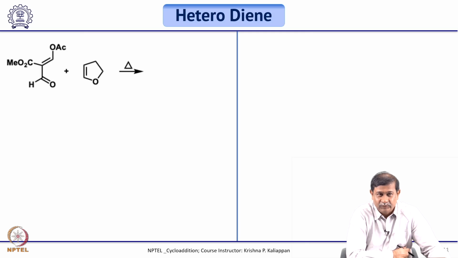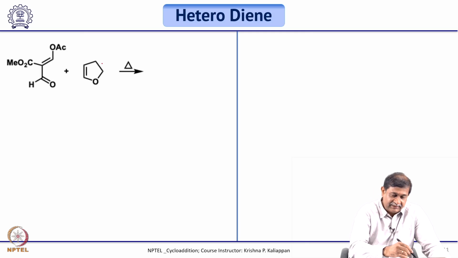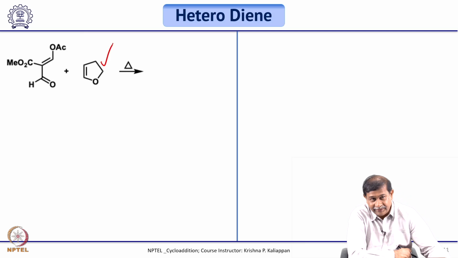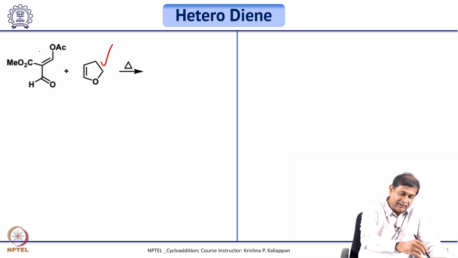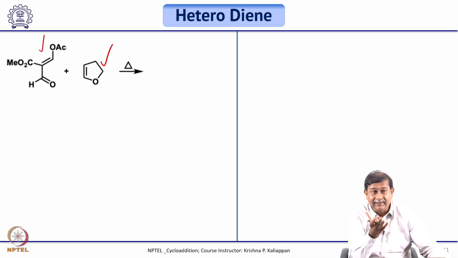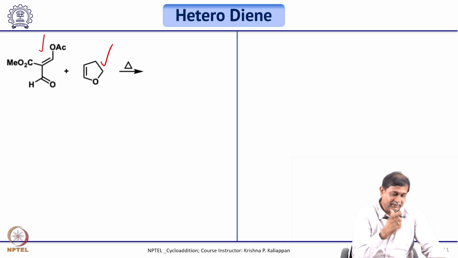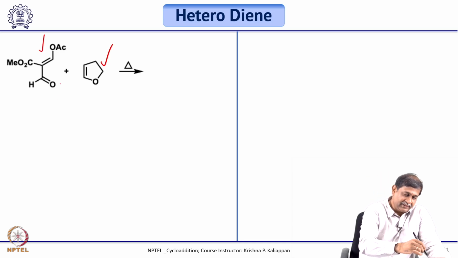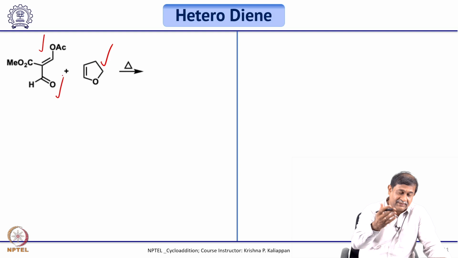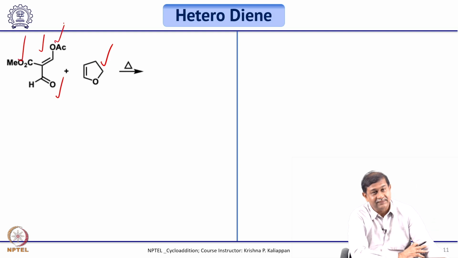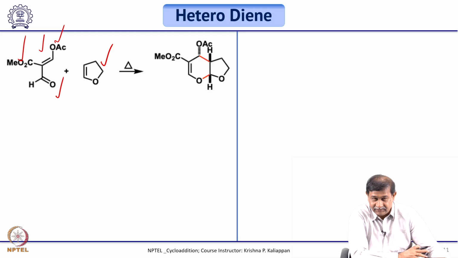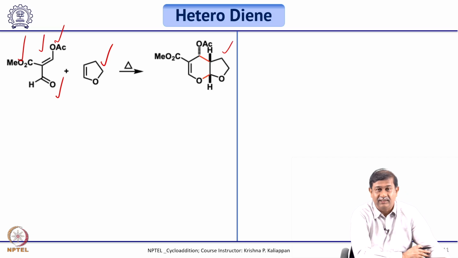Then one can extend this with cyclic dienophile, and you also can have diene with 3 substituents, as you can see here. One is part of it, that is oxygen, then you have ester, but it is enol acetate. So this can undergo successfully 4+2 cycloaddition reaction to form this bicyclic compound.